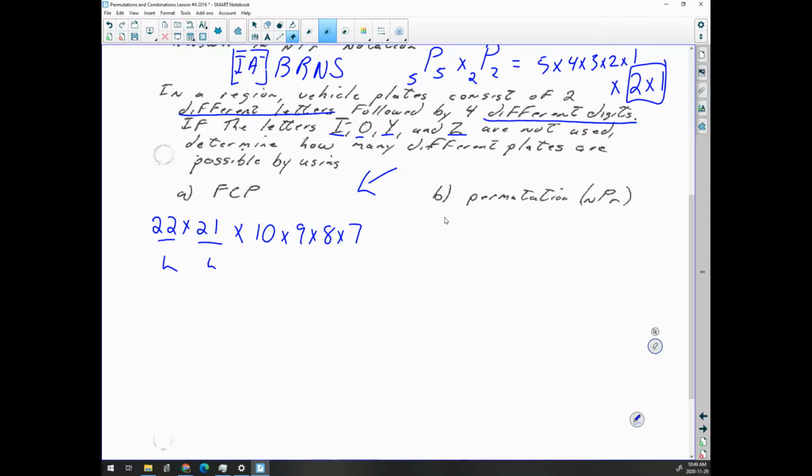The permutations, well, here we have 22 pick 2, 22 letters, we need 2 of them, putting them down in order, times 10 pick 4. 4 of the 10 digits need to be placed down. In a question, I don't really care which way you do this. I just want you to be able to recognize that this is the answer, because we have to use these permutations.